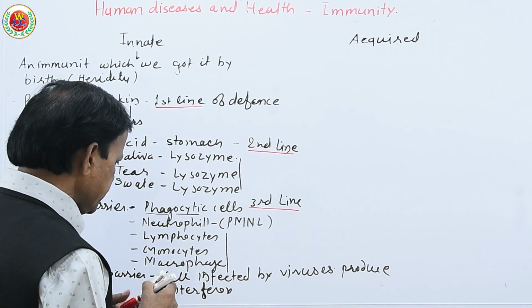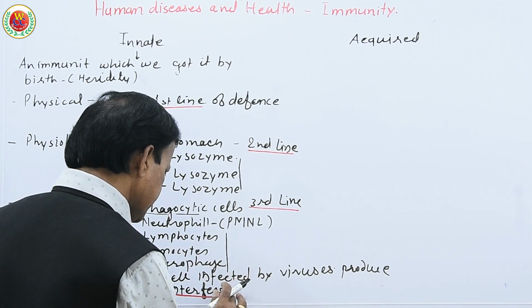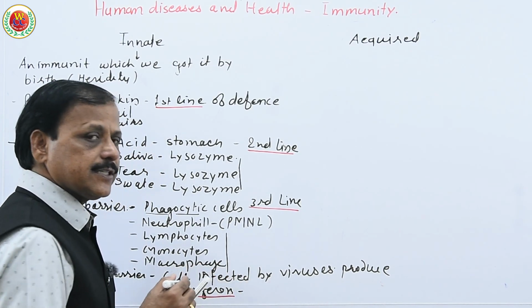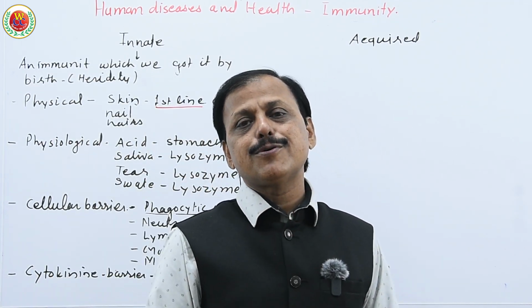Interferons are special chemicals produced by cells, and the cells which produce interferon make other cells aware about viral infection.